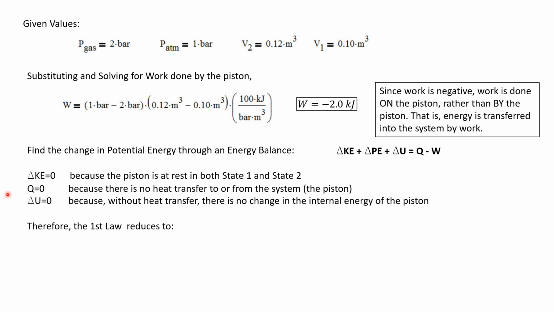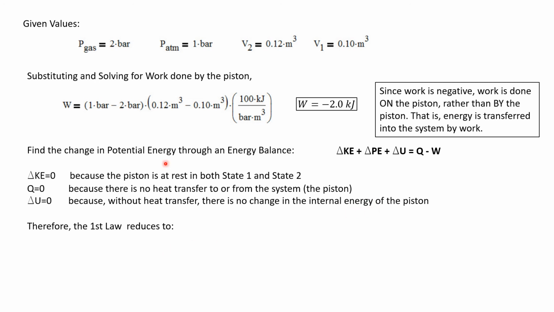Q is 0. There's no heat transfer to or from the piston, okay? And also delta U is 0 because without heat transfer, there's no change in the temperature of the piston. And internal energy can only change if the temperature changes.